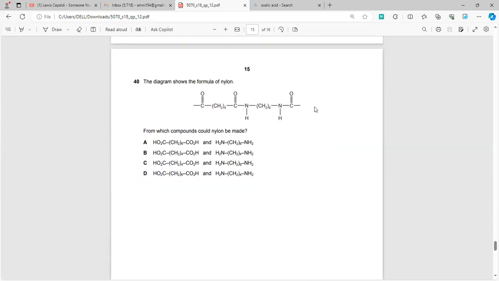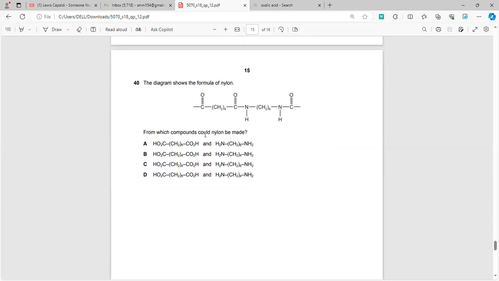The last question for today is about nylon. Nylon is used in everyday fabric, and its functional group is carbon double bond oxygen with NH, which is also known as the amide linkage. Now, you need to note that this is a condensation reaction in which water is released as well, and this takes place between a carboxyl group and an amide group.